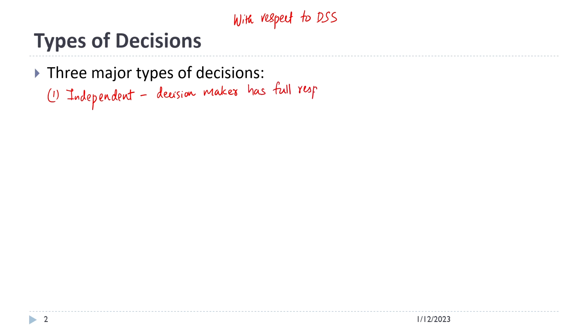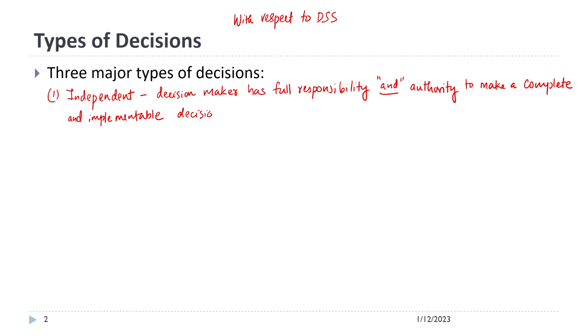The responsibility of the decision lies with the decision maker in the complete sense, and there is one more thing as part of that: the authority to make a complete and implementable decision also rests with the decision maker.